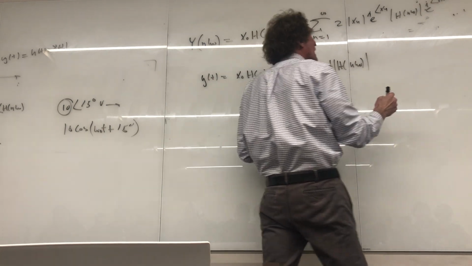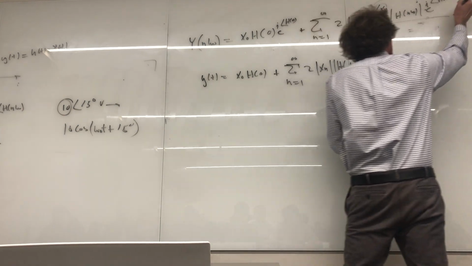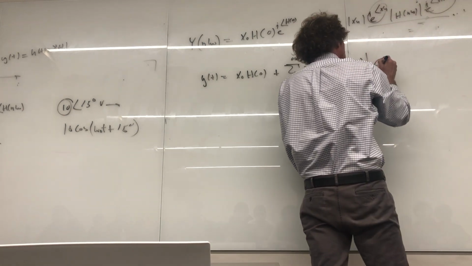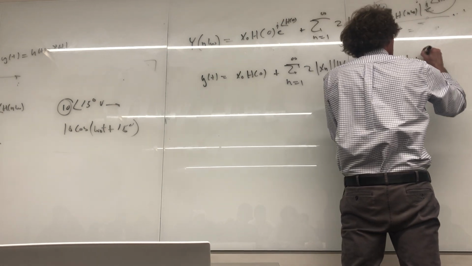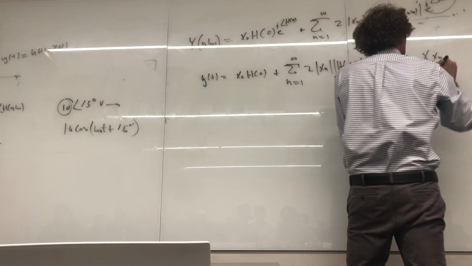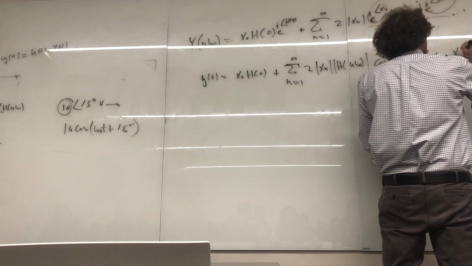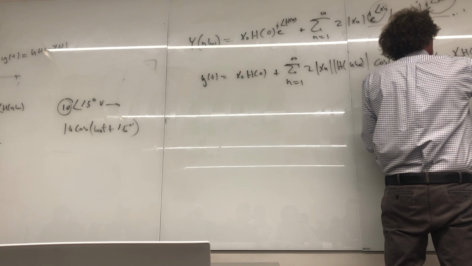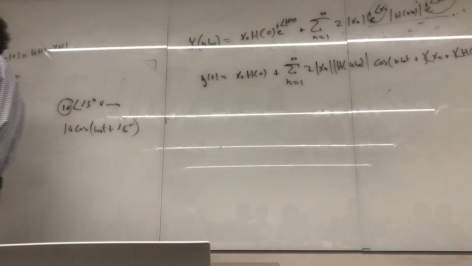Then that's our phase angle total: this angle plus this angle. So we put the cosine of n omega naught t in here, plus the phase angle of x of n, plus the phase angle of h of n omega naught. And that's the output. It could be in volts or it could be in amps.